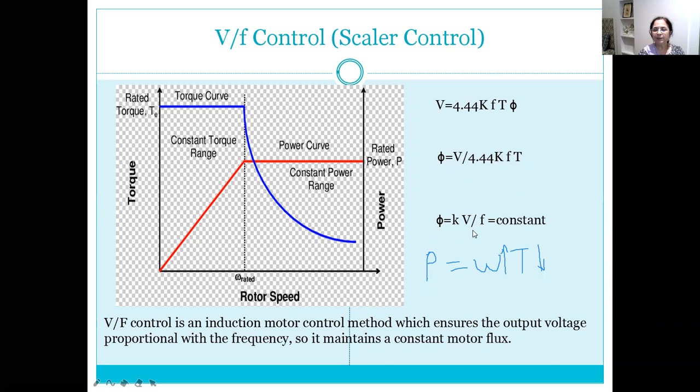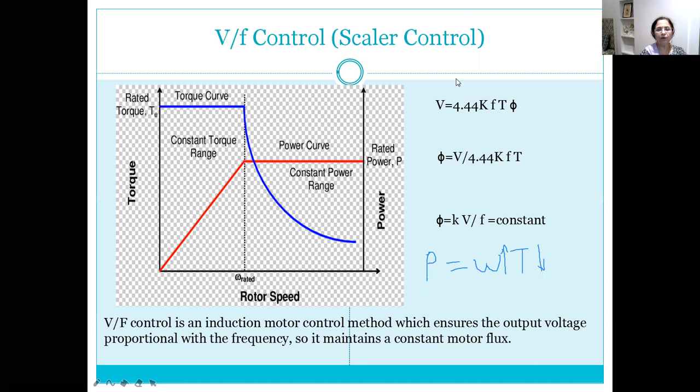Now what this expression tells us is that if we maintain the V by F ratio constant, we can also maintain the flux constant, and since torque is proportional to flux, the torque developed by the machine does not get affected.